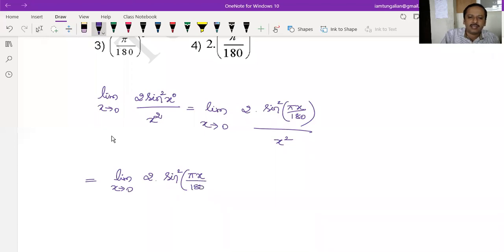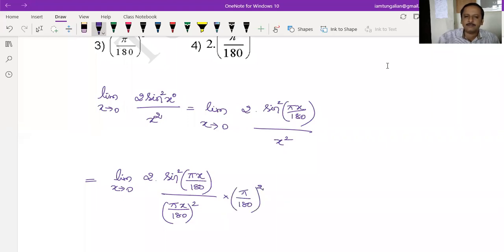So in the denominator also, I prefer pi x by 180 whole square. X square is already there. So what was missing is pi by 180 whole square. That I have divided, therefore I will multiply by pi by 180 whole square.